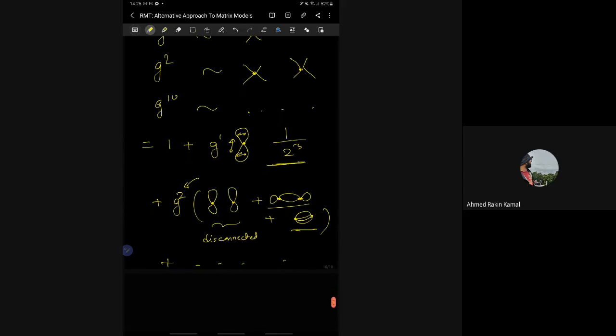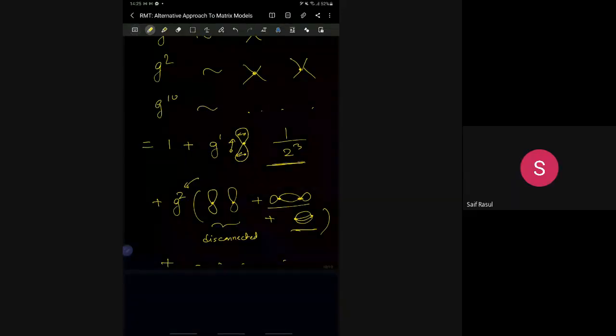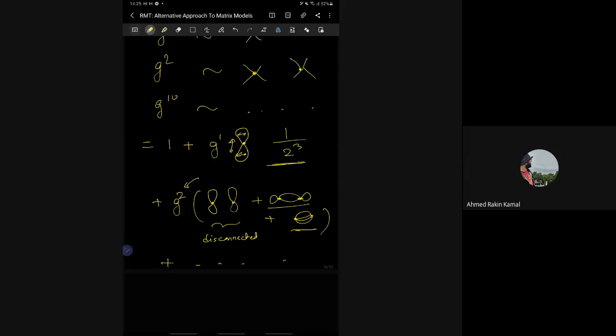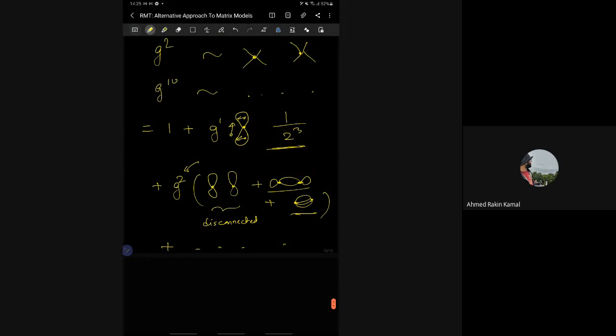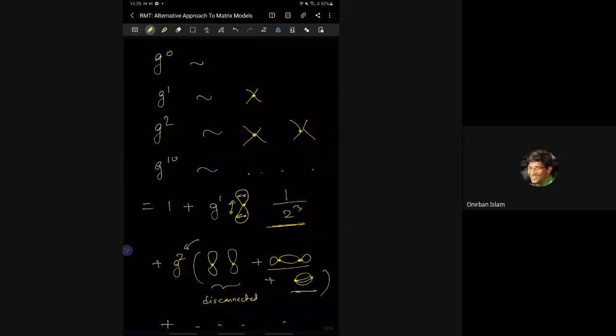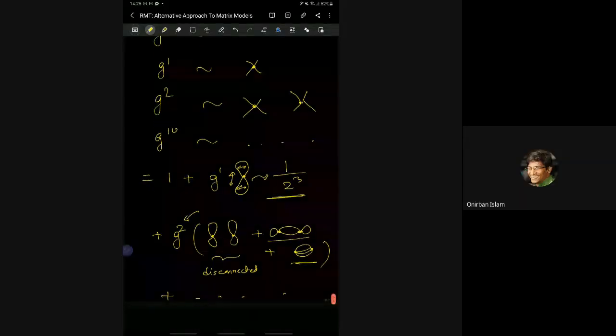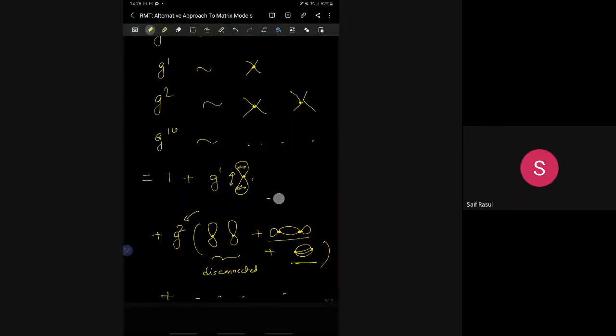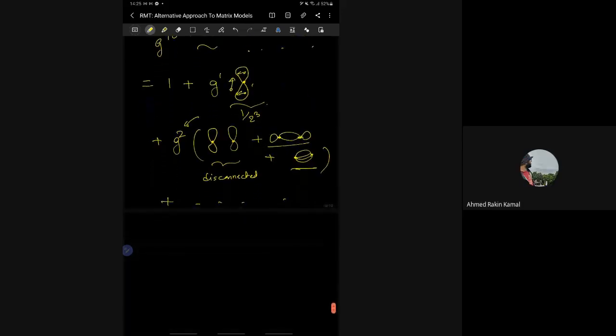It just keeps track of the number of vertices. G1, 1 vertex, G2, 2 vertices, G cube, 3 vertices. And the symmetry factor tells me how many of these things I have. So the 1 at the beginning is because there's only one way to do a G0 graph, since there's no vertex. Okay.